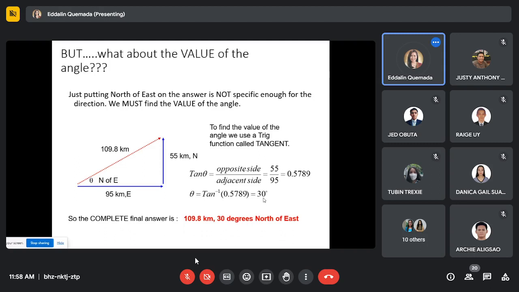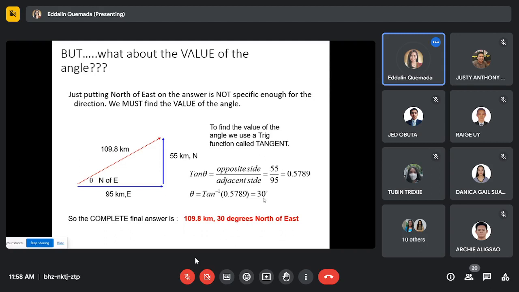Okay, I'll stop sharing now. We're just in time, one minute before 12 noon. I'll go back to the Google Meet interface. We just discussed the analytical method.